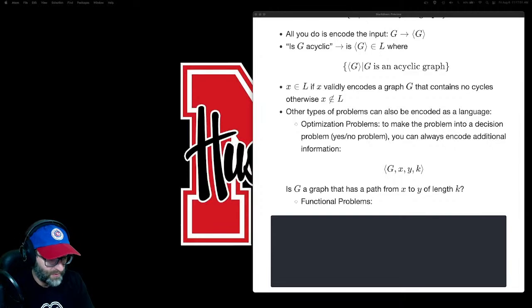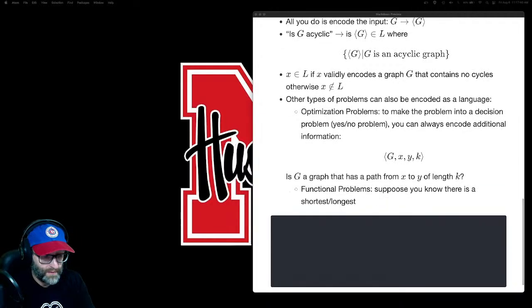Anyway, functional problems: suppose you know there is a shortest or longest path, and you want to output that path.